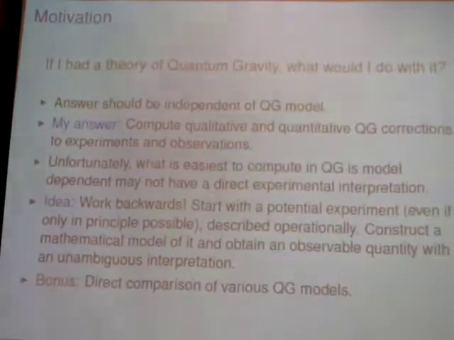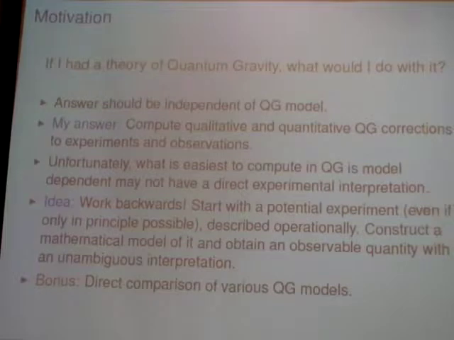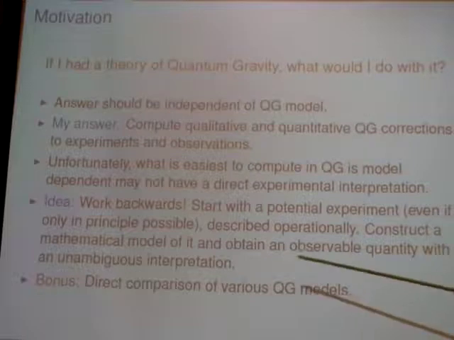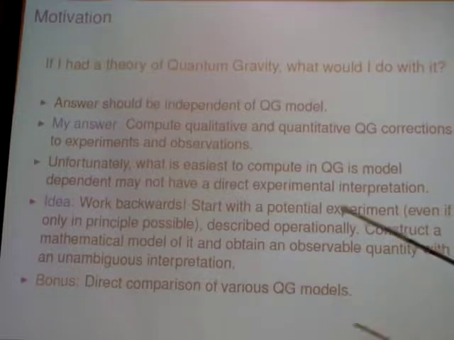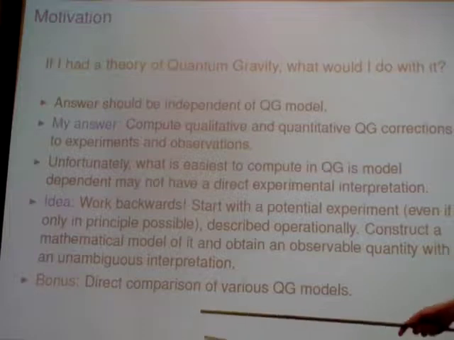And moreover, if this is done really at an operational level, so you're essentially describing an experimental protocol, this experiment could be modeled in different variants of quantum gravity. Because of the fixed interpretation that comes with this experimental protocol and the resulting mathematical model of the corresponding observable, if you could do the calculation in different frameworks for quantum gravity, you could essentially compare.